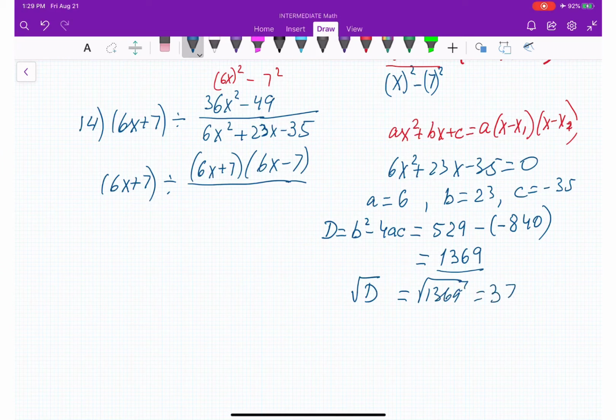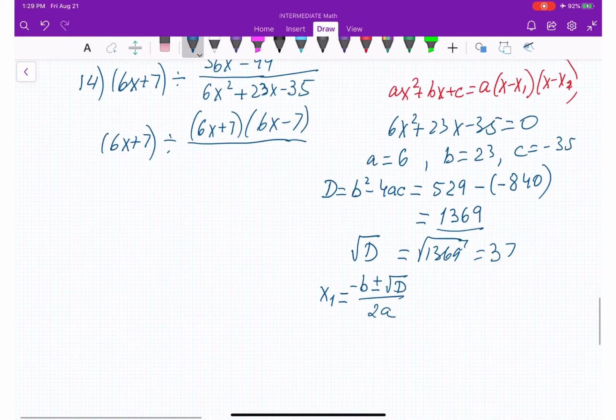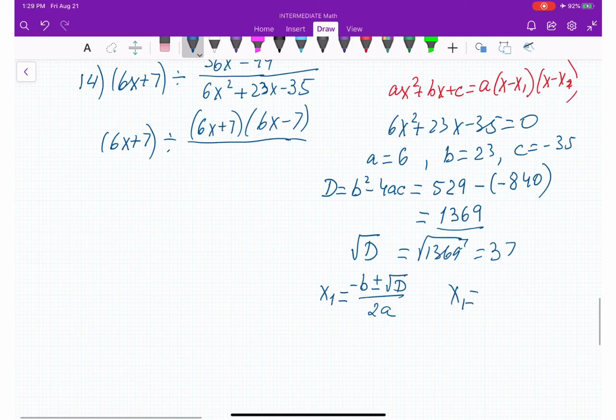Okay, from here, what we are going to do, x1 is equal to negative b plus minus square root of D over 2a. Remember? So x1 is equal to negative b, it's going to be negative 23 plus 37 over 2 times 6, which is going to be 12.